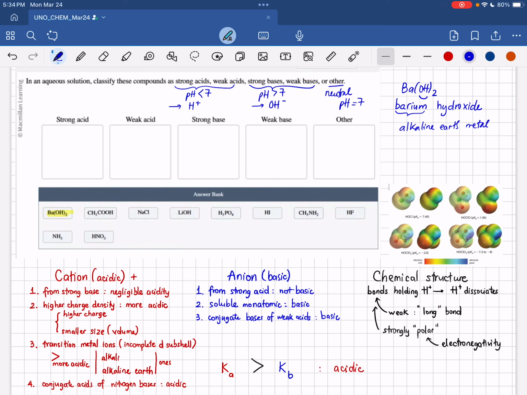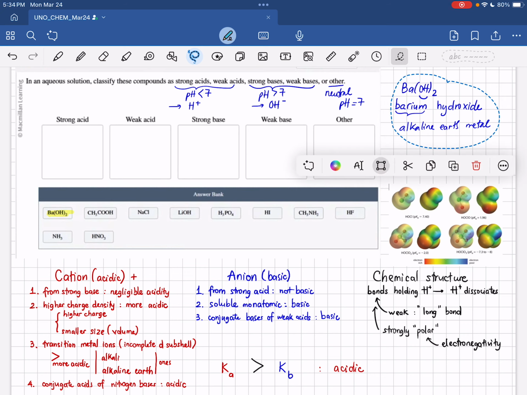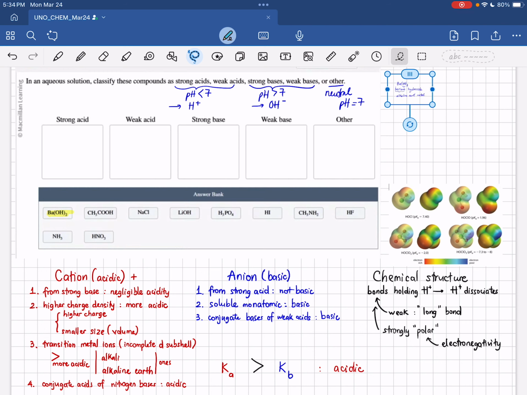Whenever you see a hydroxide from an alkaline earth metal, it should be a really strong base. Or if it's an alkali metal, it's also a strong base. So let me move it here. This is a strong base.